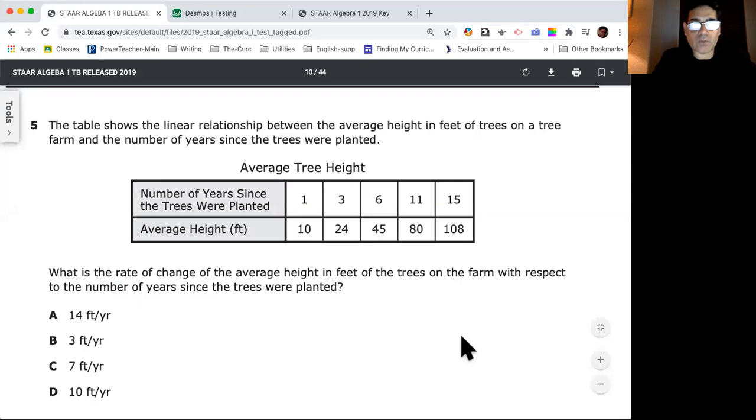I'm looking at a question and I'm seeing a table. My suggestion to you, if you're a student watching this, is to go ahead and create a table in Desmos.